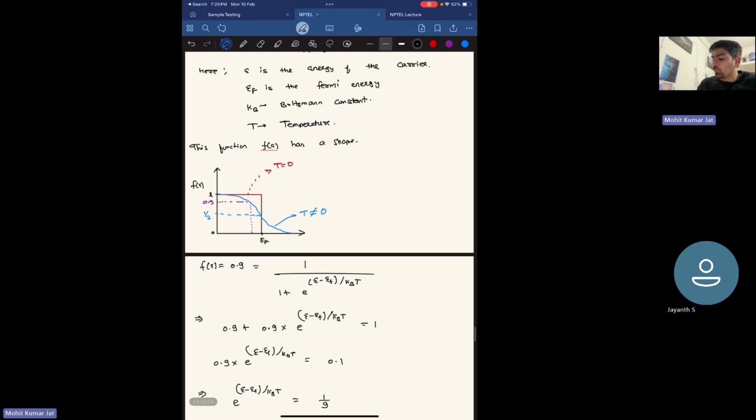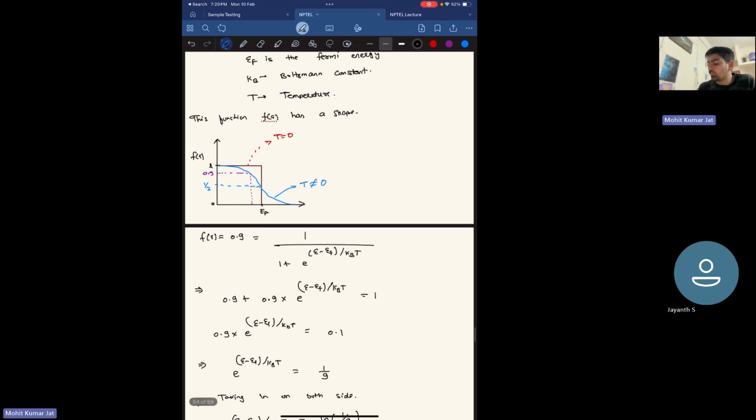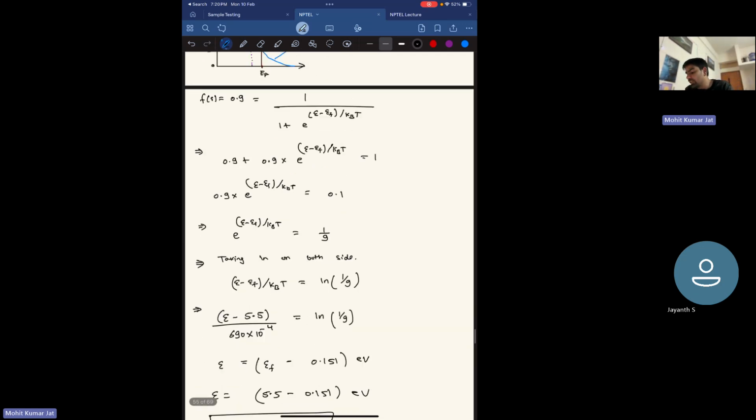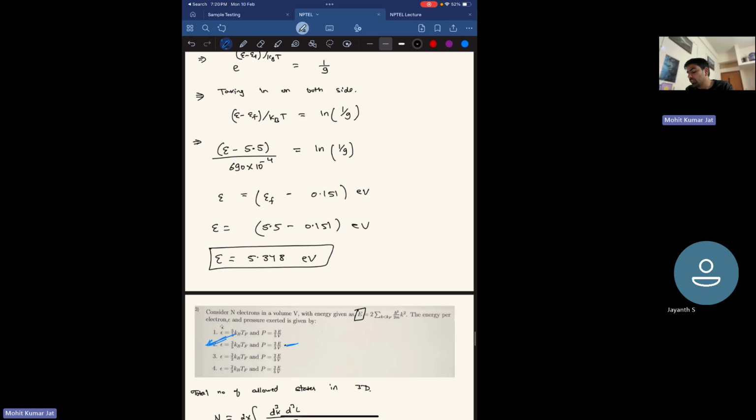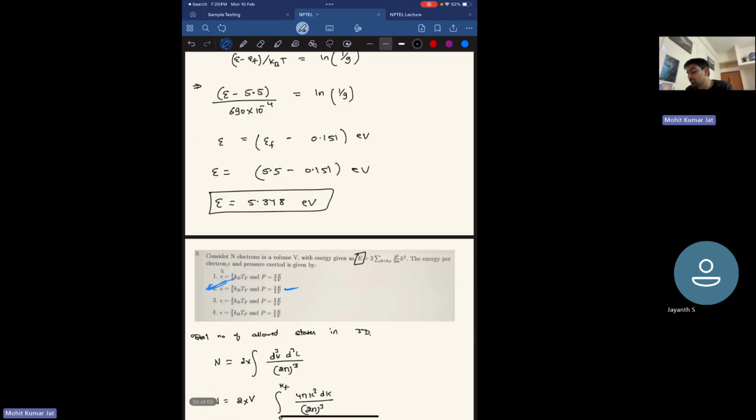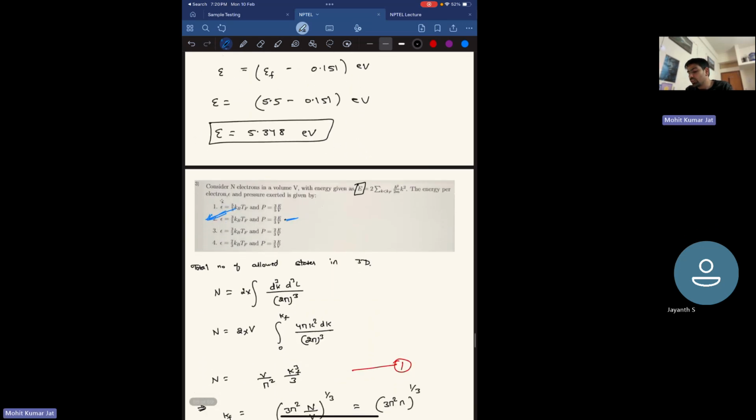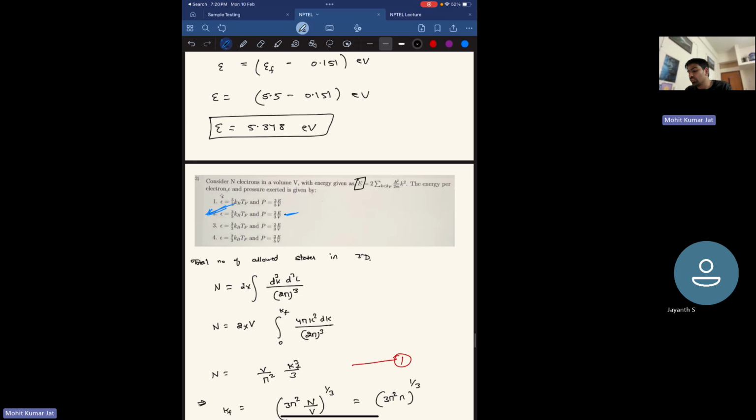And whenever it will be 0.9, we want to calculate that energy. So we substitute 0.9 as Fe, and we take the Fermi energy from the previous question, kBT. Kb is the Boltzmann constant, T is the temperature, which is the 800 Kelvin given in the problem. We solve it, and it turns out to be 5.348 eV. And in the next question, which is the same problem which has been solved in the classroom.